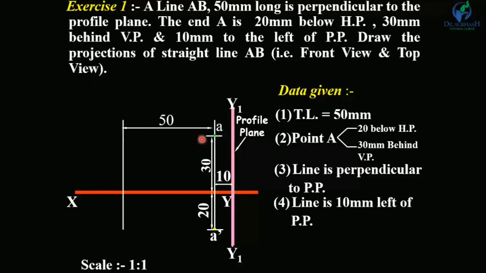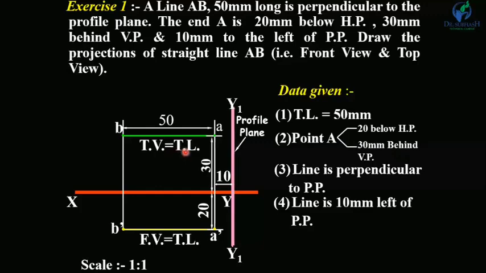At this distance of 50 mm, draw another line which is perpendicular to XY and mark the point B dash, and point B. So this A dash B dash is the front view, and it is equal to the true length because it is parallel to XY, and this AB is the top view, also a true length.